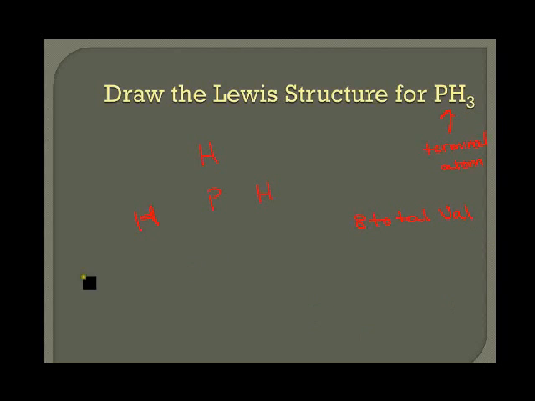How did we get that? Phosphorus has 5. There's 3 hydrogens. So that's 3. 5 and 3 is 8. 8 total electrons mean that we have 4 bonding pairs.